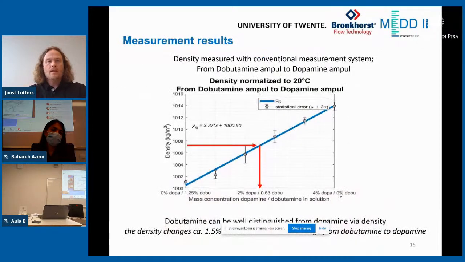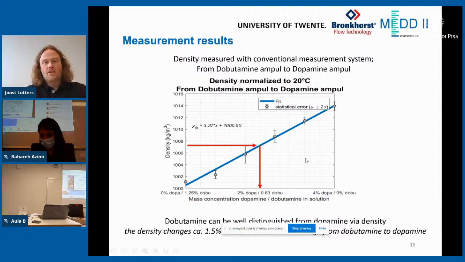Oh, sorry. And what we see is a good variation with the density. On the y-axis, we see the density. So of water, it will be around 1,000 kilogram per cubic meter. And we see an increase of the density with the dopamine in dobutamine solution.